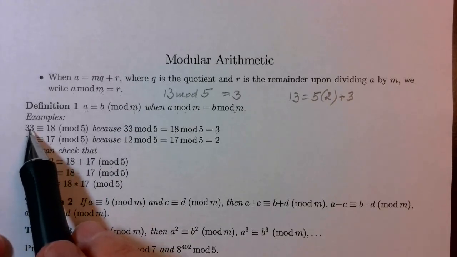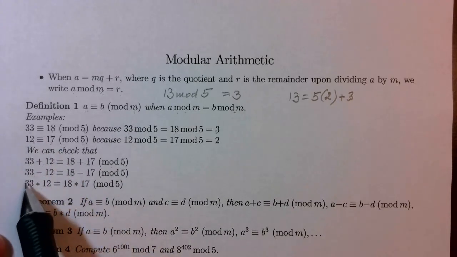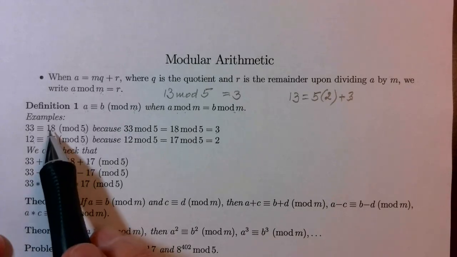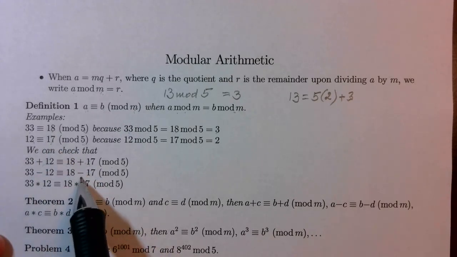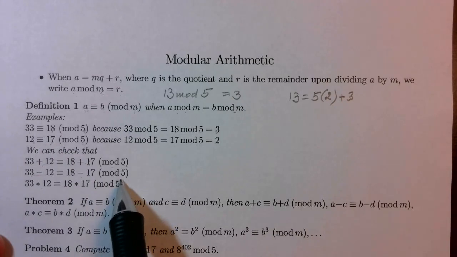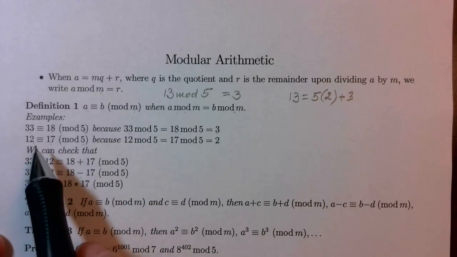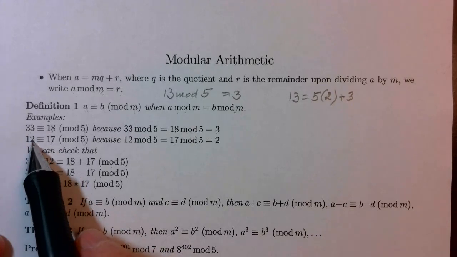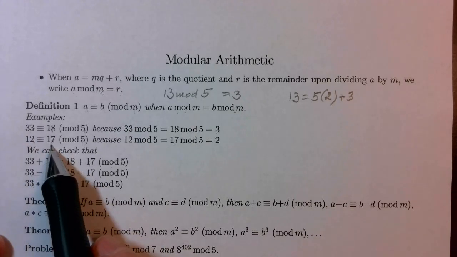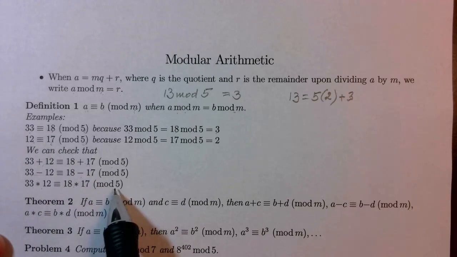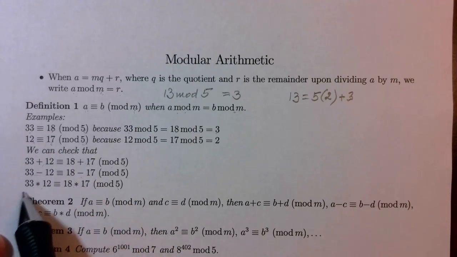Subtract from 33, 12, and from 18, 17. You'll get another true congruence. Or you can multiply the left-hand sides, the right-hand sides, write the same modulus. Now verify that this is also true.